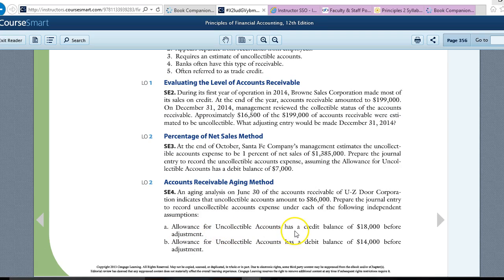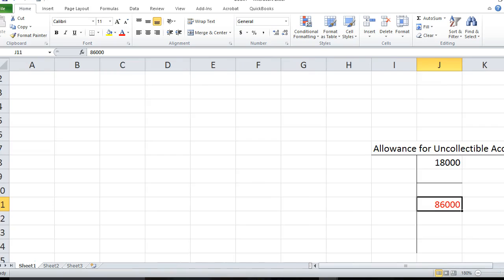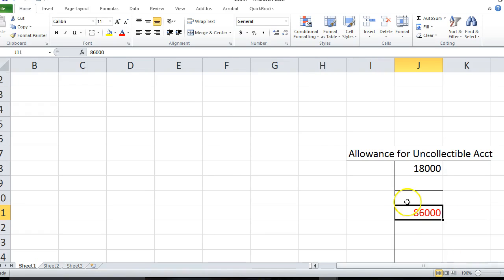Allowance for uncollectibles has a credit balance of $18,000 before the adjustment. So if this is at $18,000, but we want it to be at $86,000, what do we need to do? We're going to credit, but what are we going to credit? We're going to credit 86 minus what's already sitting in here of 18, or 68,000 to get there.